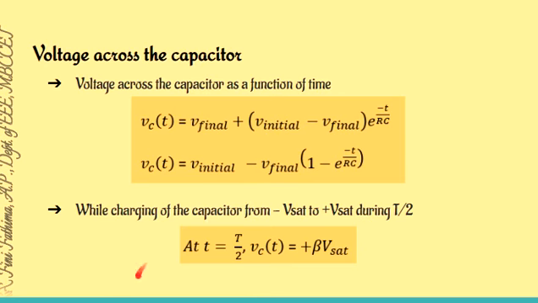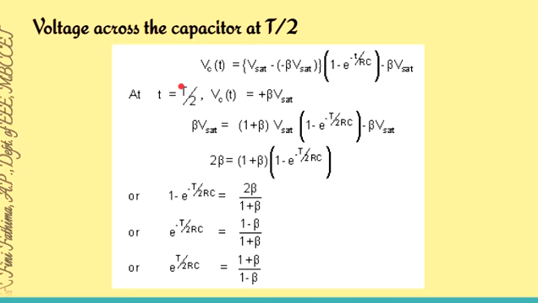Okay, now we are considering the T by 2 time period, that is, from minus beta V sat where my output is switching to plus beta V sat. So at T by 2 my output voltage is plus beta V sat. Okay, so VC of t is equal to final value, which is saturation value V sat, minus initial value, that is minus beta V sat, into 1 minus e raised to minus t by RC.